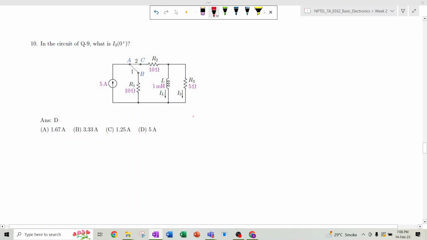Now for the same circuit, it is asked what is the value of I3, that means this value I3 at time t equal to 0 plus.